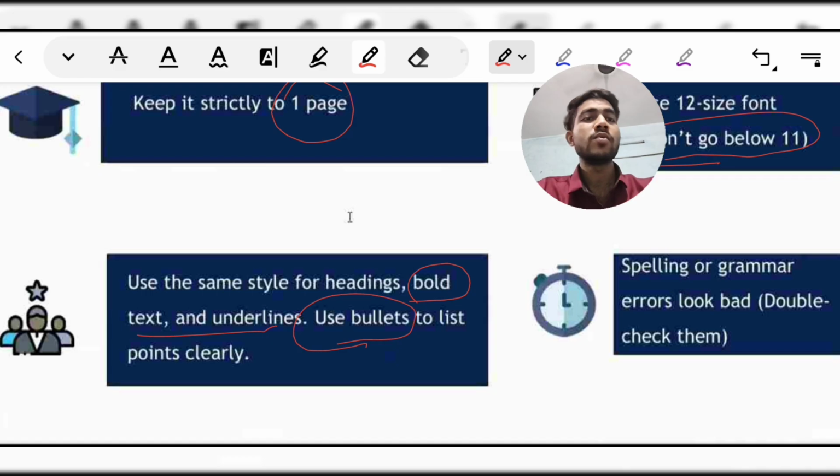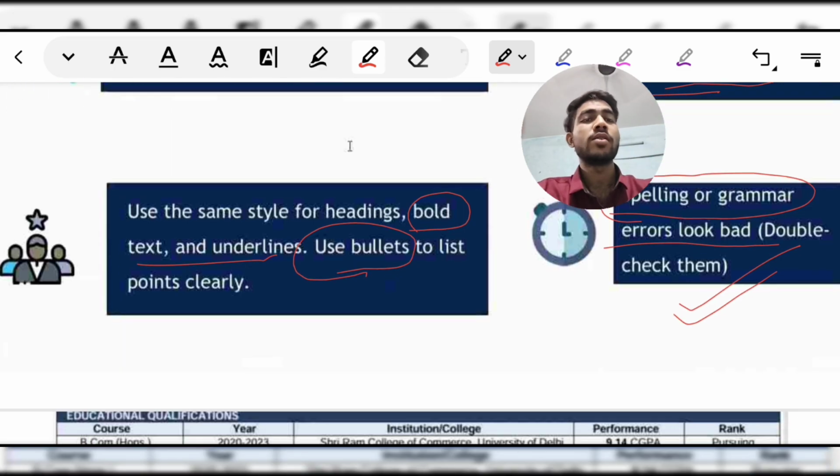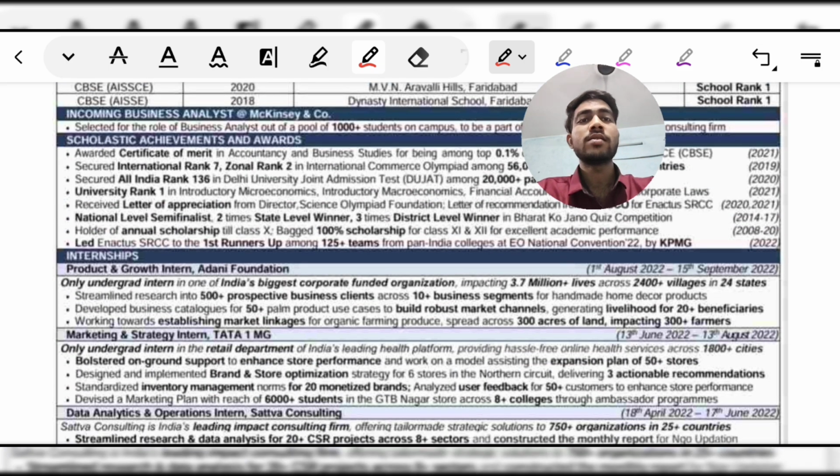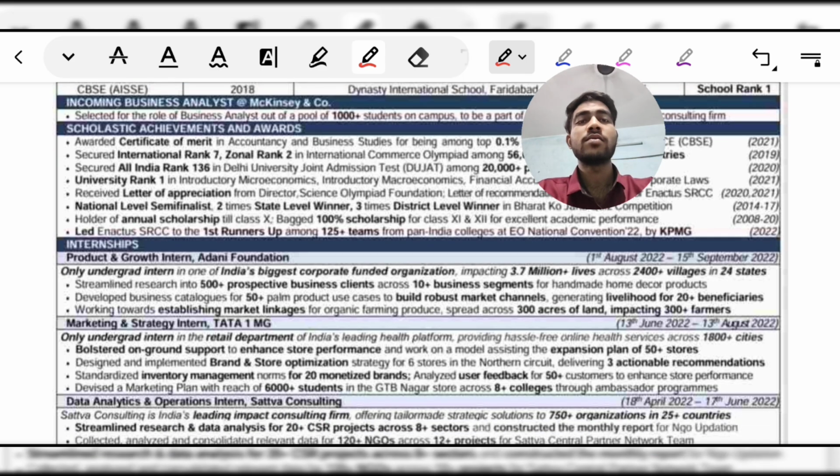One of the most important things is to double-check spelling and grammar errors. It is important because a spelling or grammar mistake in your CV has a big impact on HR. Suppose there is a guy who made a CV and got a placement at McKinsey as a business analyst.